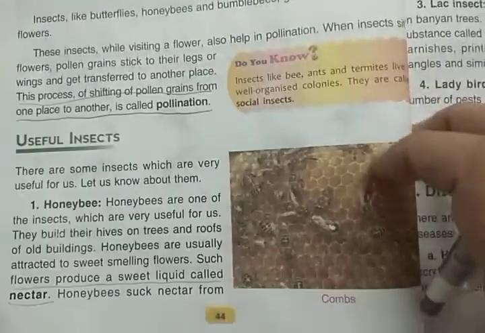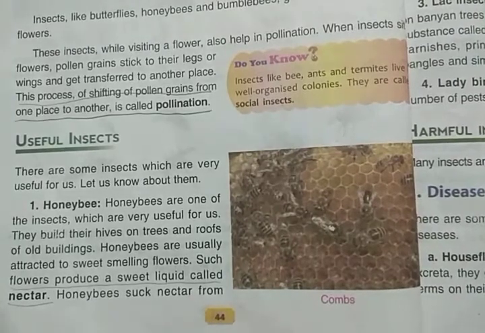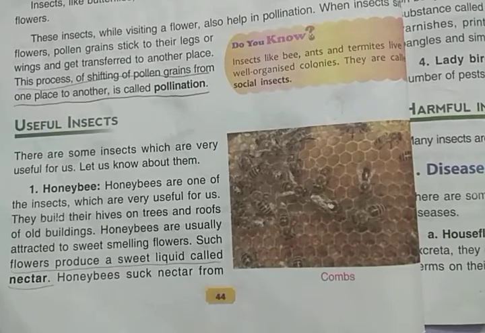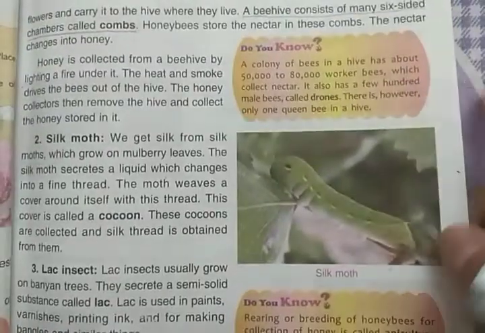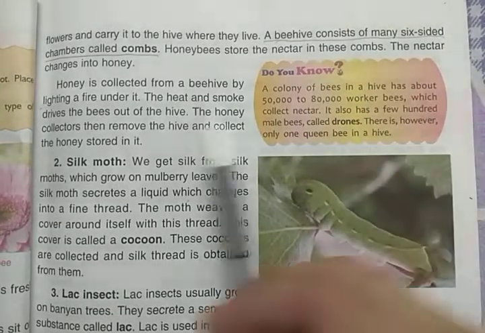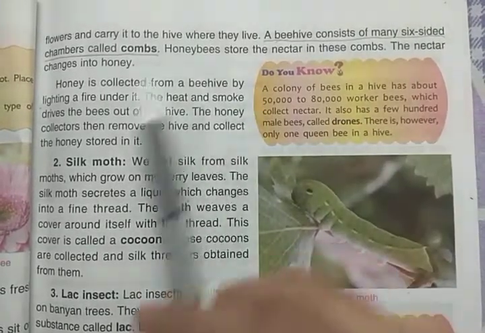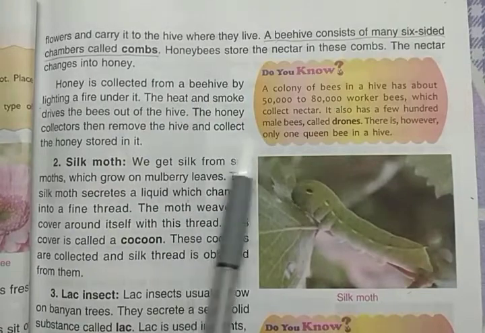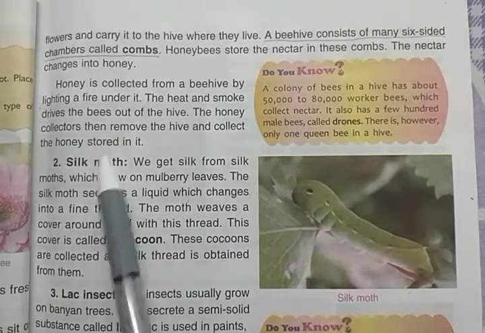And then we discussed different types of useful insects, like the honeybee. It gives us honey, and we can collect it by lighting a fire under the hive; the heat and smoke drive the bees out of the hive, and then honey collectors remove the hive and collect the honey stored in it.